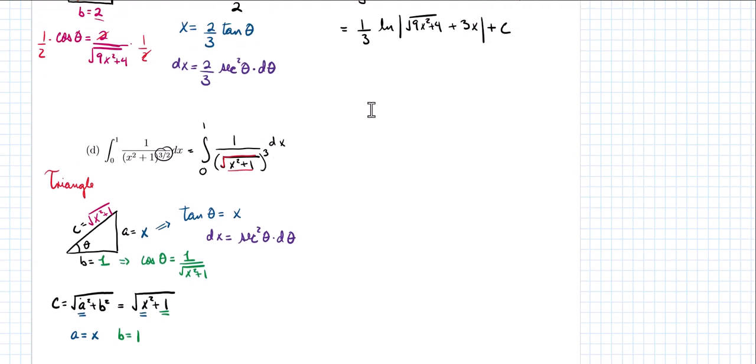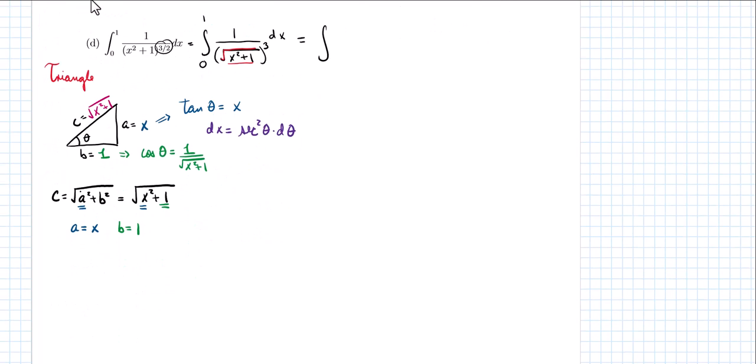Alright, so for this integral, what do we have here? Now notice that we said that the cosine was 1 over the square root of x squared plus 1. But this problem doesn't just have the square root of x squared plus 1, it actually has the square root of x squared plus 1 cubed.